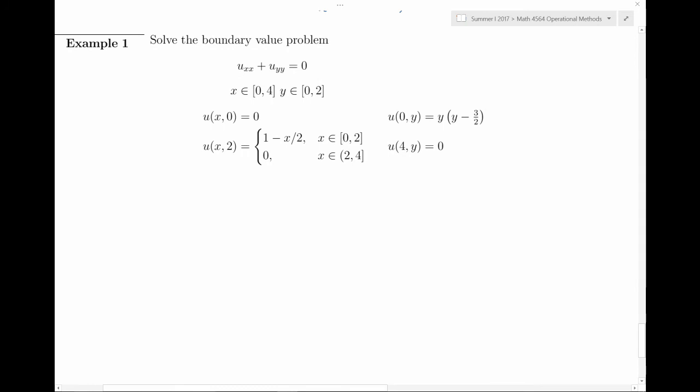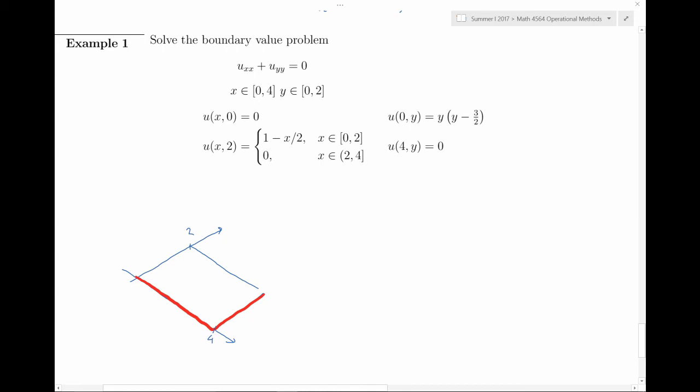So here I have a simple example. When I have x going from 0 to 4, y is going from 0 to 2, I have u. When y equals 0, I have a 0 boundary. When x equals 4, I have a 0 boundary.